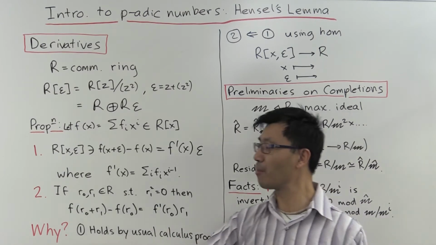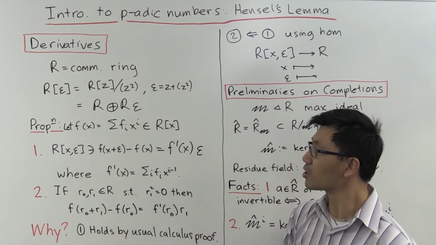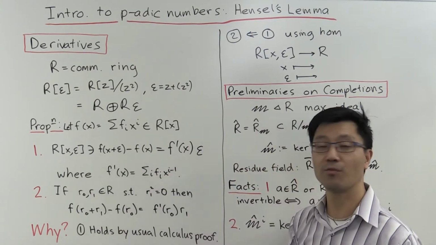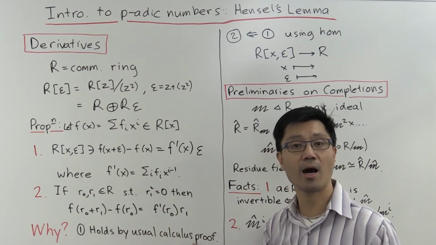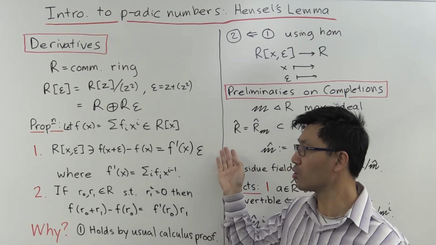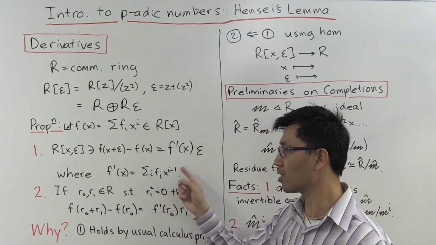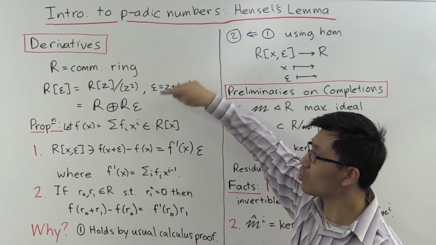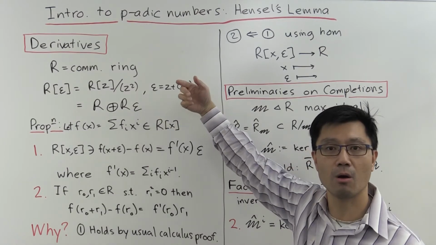Okay, so let's just briefly think about why this is true. So the proof of part 1 actually follows by the usual calculus proof. This is something that's completely algebraic and mechanical. And what facts do you use when you do this? Okay, when you compute this formula here using the usual calculus proof, the main thing you use is just the fact that when you see this epsilon squared, you make it 0.